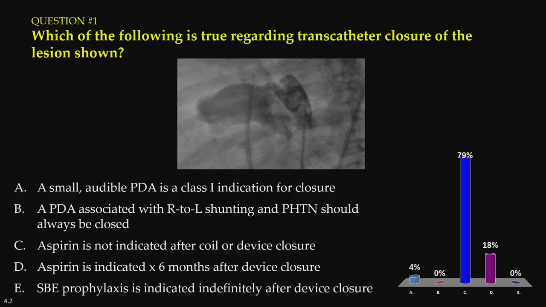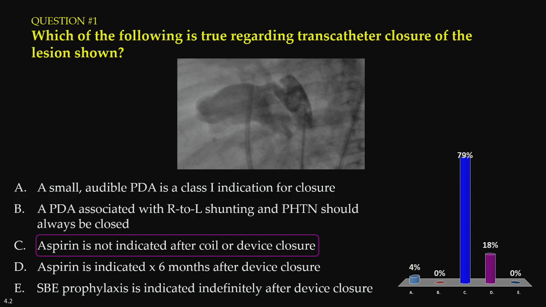Excellent. So the answer is C. And aspirin is not indicated after coil or device closure of these. Some of you chose D. Remember, for ASD devices, we use aspirin for 6 months, but for ductuses, we don't anticoagulate after device closure.